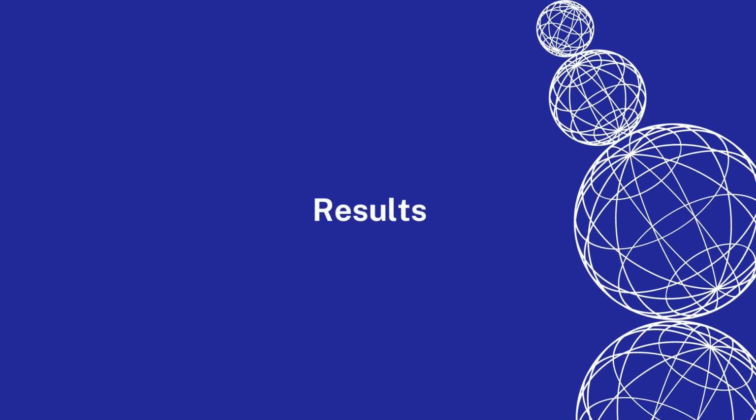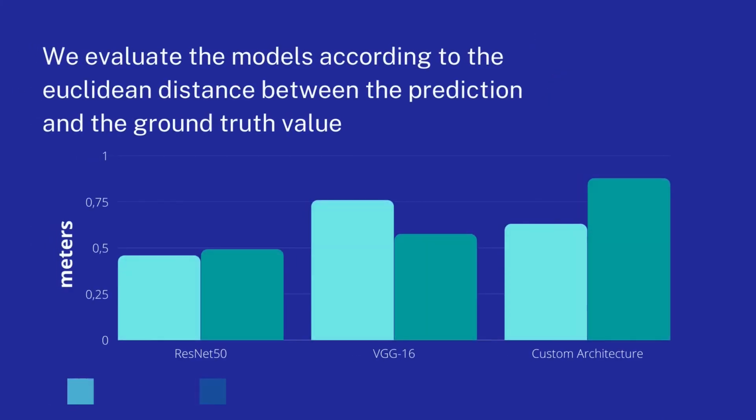We're going to talk about some results that we got with this approach. We evaluated three models according to the Euclidean distance between the prediction and the ground truth of our network. As we can see, the ResNet 50 model had the best result, which is the smallest mean error.